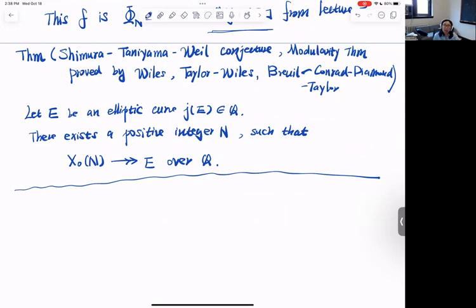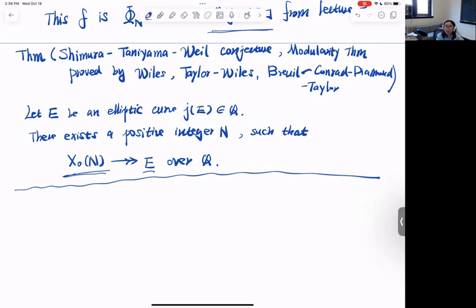So if I want to construct Q points on E, one thing I can do is to construct rational points on this modular curve. If I have a point on the upstairs curve, under this map it gives me a point on my elliptic curve, right?